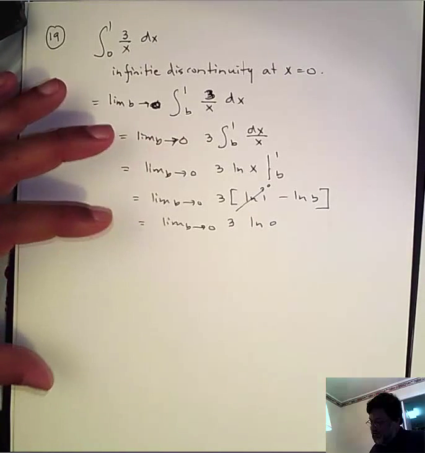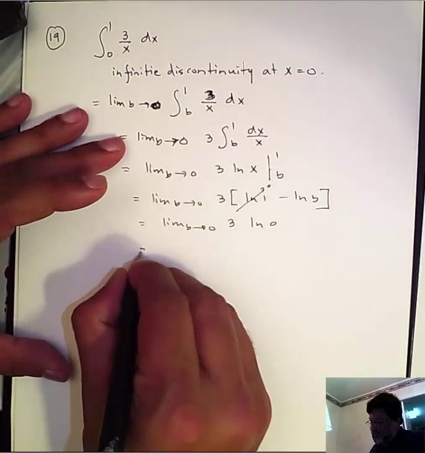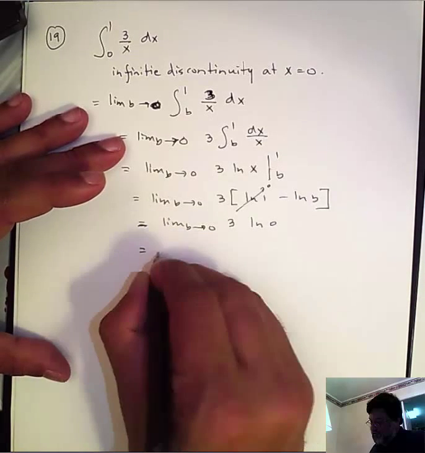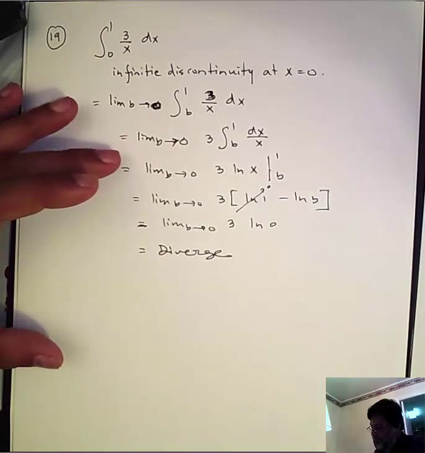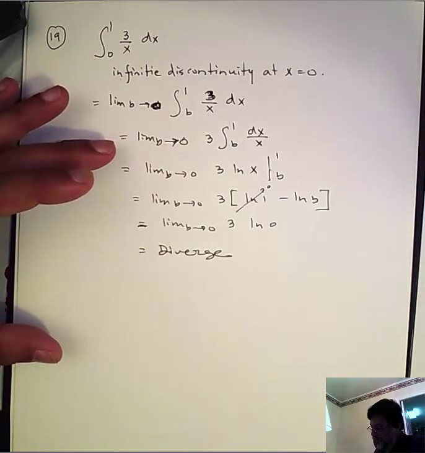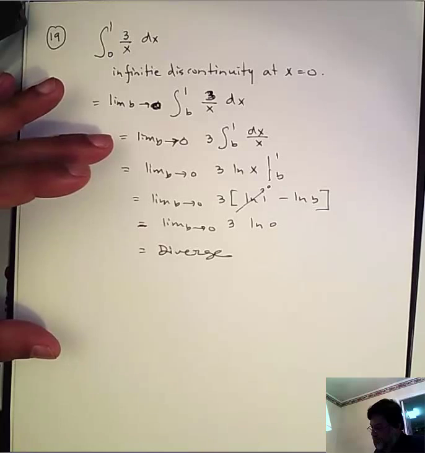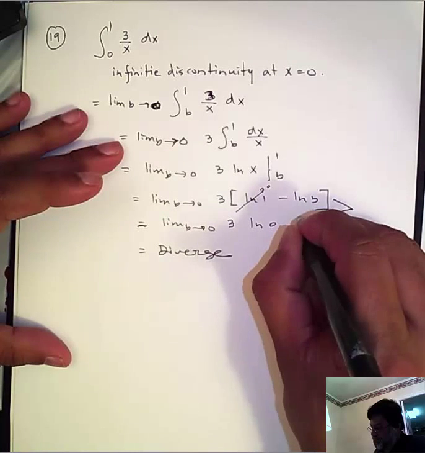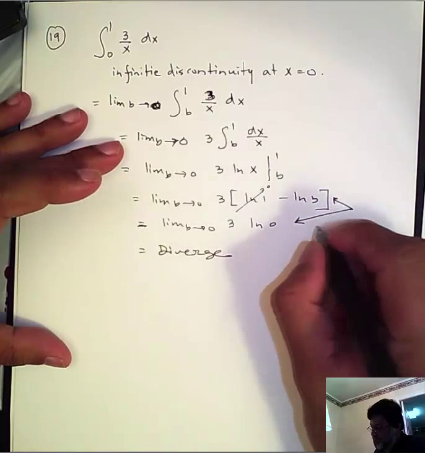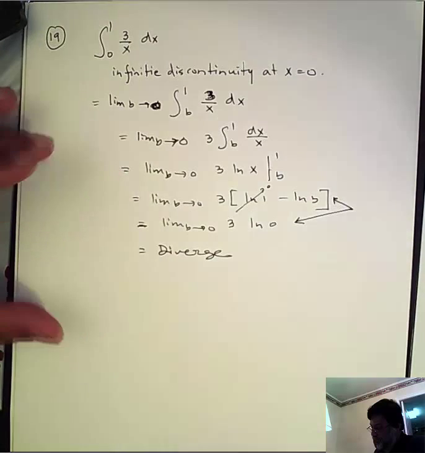What does it indicate is going to be? It's going to go to, it's going to diverge, right? So think about why it diverges. Graph it and see. If you still don't understand, let me know.